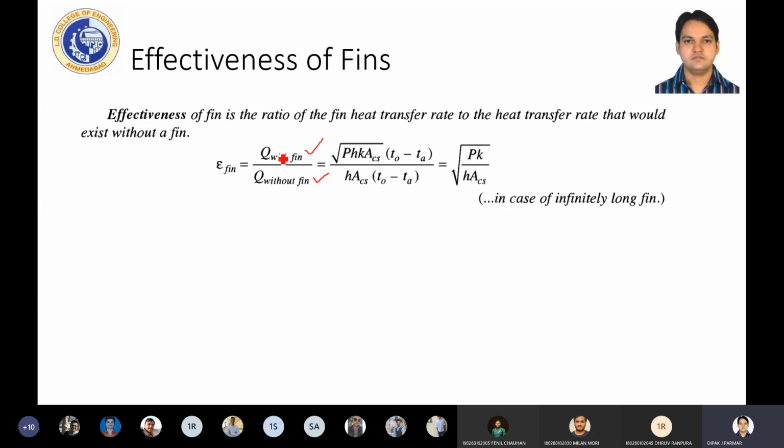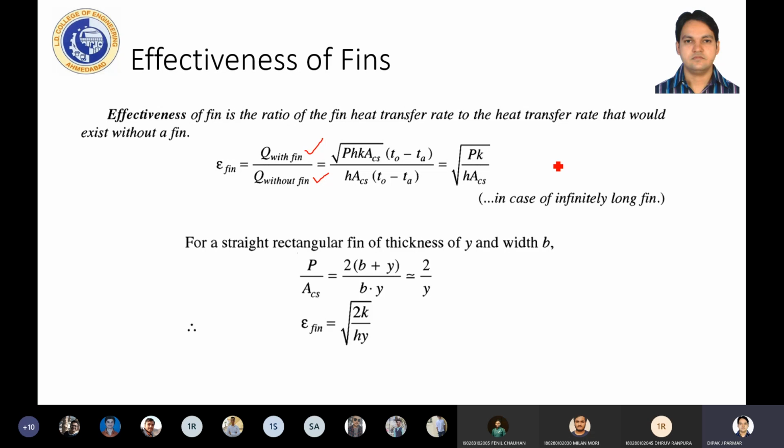So this Q with fin over Q without fin is a ratio which is called effectiveness, and that should be greater than 1, then it is feasible and useful. The equation is already known to you: √(hPkAc) ΔT divided by hAc ΔT, and that comes to under root Pk divided by hAc. This is for an infinitely long fin.